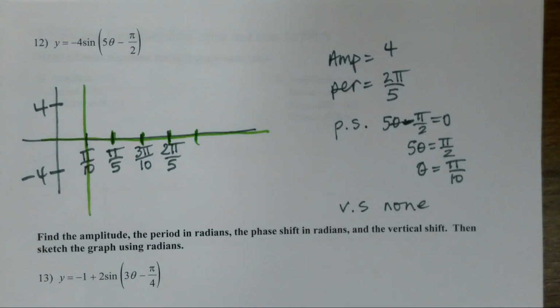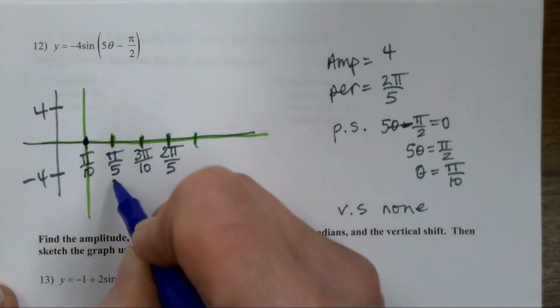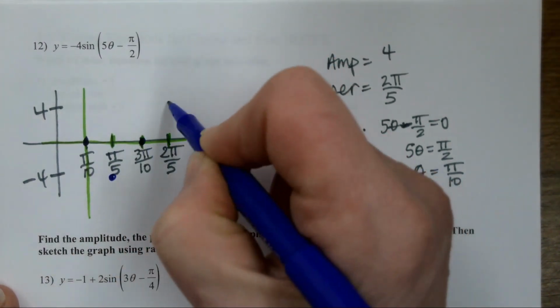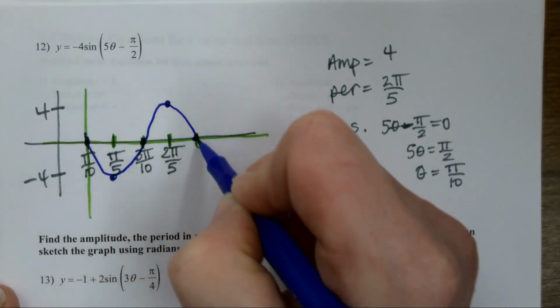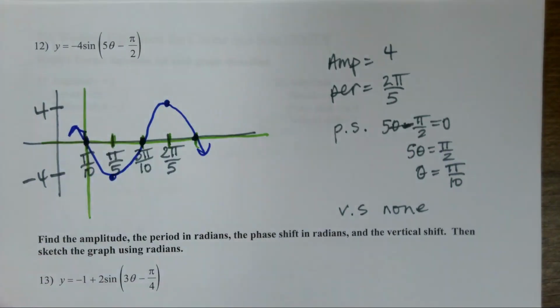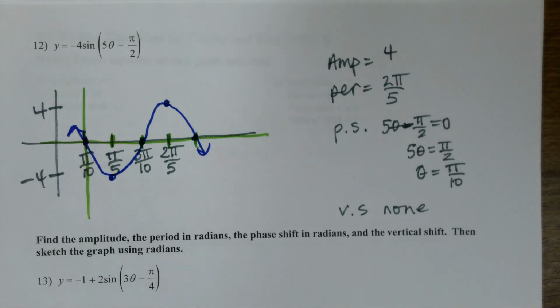Because this is a negative sign, I'm going to go down instead of up first. So I start at 0, down, middle, up, and finish off my sine graph. Remember, these aren't teeth, they aren't fangs, they're not pointy, they're nice curves. Sine and cosine are gentle, they're nice.